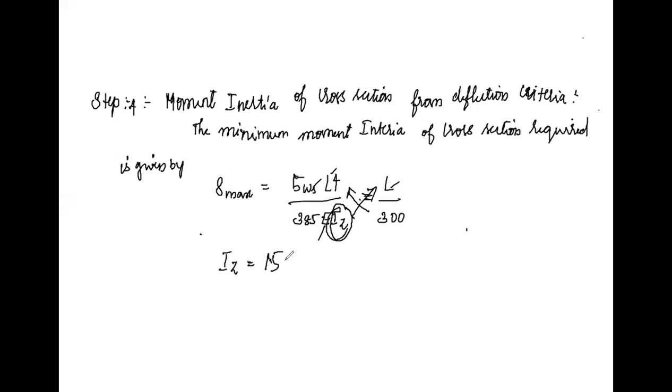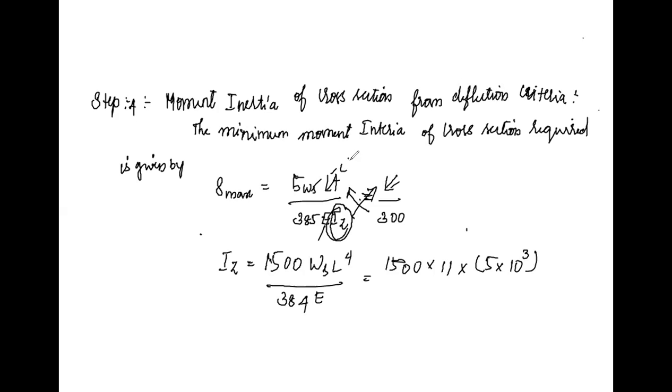So we get 1500 WS L power 4 divided by, you have to substitute the value of WS. We know the value of WS is 11 and the value of length is 5 meter. It is given in meters, so we have converted it into millimeters. So multiply by 10 power 3, and here one L is cancelled.